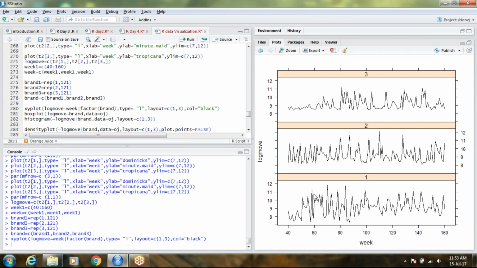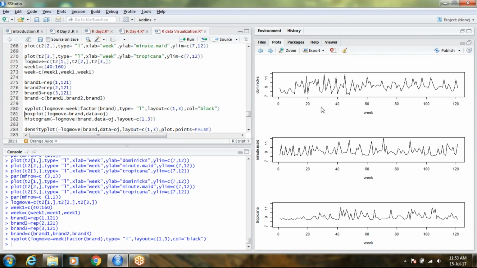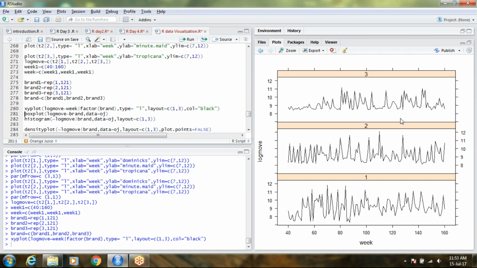So the way I said earlier can be used, and this method can also be used. This method uses lattice, and the previous method which I showed was without using any package, so it was not reliant on any package. The one that we did next was reliant on lattice. So let us do a box plot now.